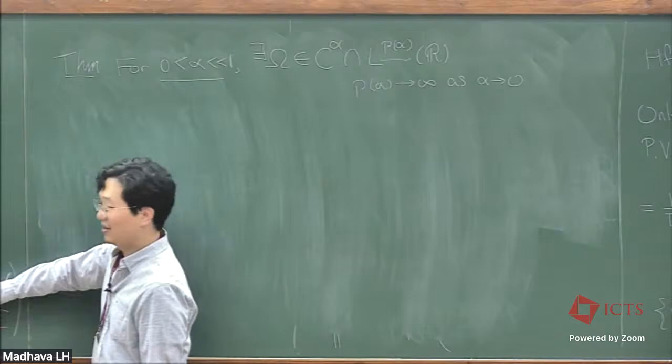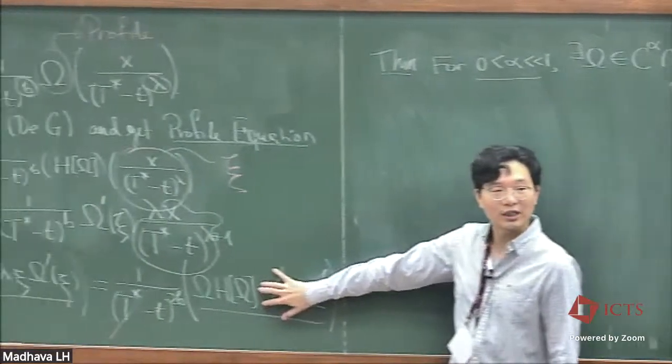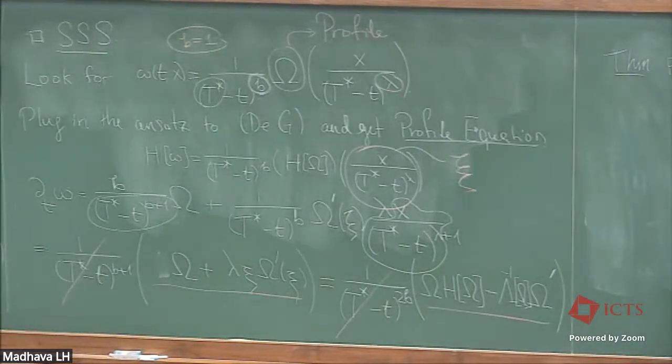We drop this term completely. And that is the profile equation for the so-called Constantin-Lax-Majda equation. That is explicitly solvable. So we get all the solutions we want.